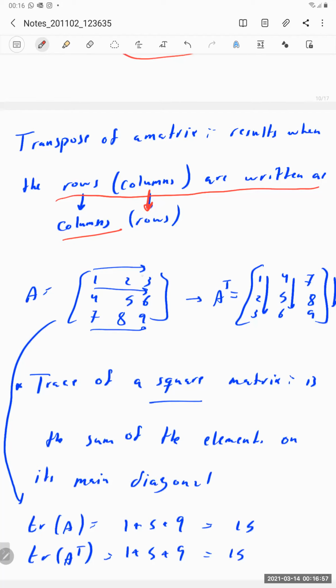So if we have this matrix as an example, A equals 1 2 3 4 5 6 7 8 9, for its transpose you take the first row and write it as a column, the next row you write as another column, and the third row as the third column. Notice here that the main diagonal elements of A and A transpose did not change; they stay the same, 1 5 9 and 1 5 9.